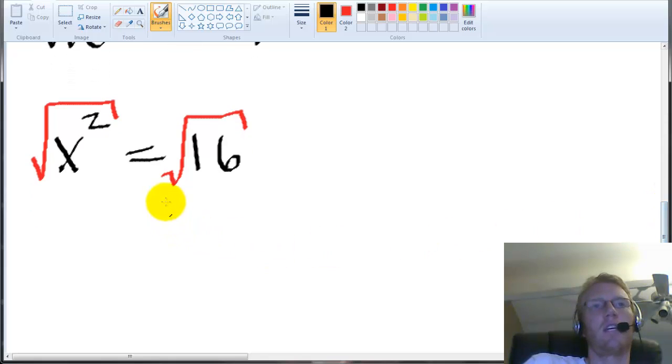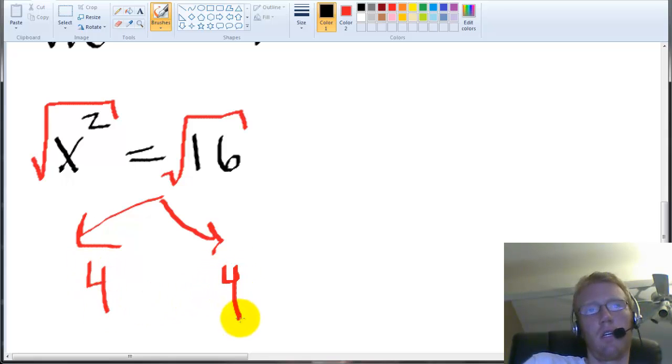And now in this case, I'm actually going to get two answers. The square root of 16 is 4 in both cases, obviously. But because I had x squared, I know the input could have been a positive 4 or a negative 4.